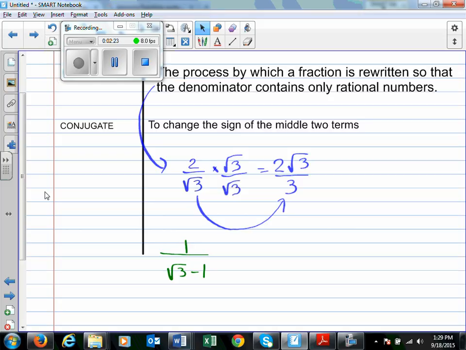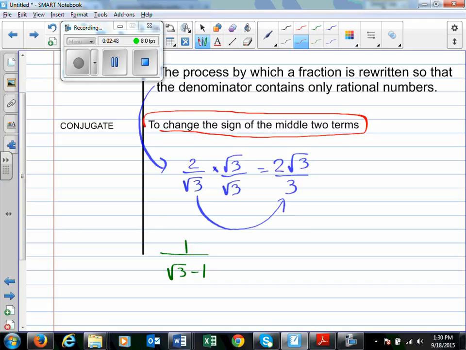Remember, you just had only one term before, but when you have two terms, what about the sign? You have to switch the sign, exactly. Remember, we did conjugate, that's what it is. To change the sign of the middle term.